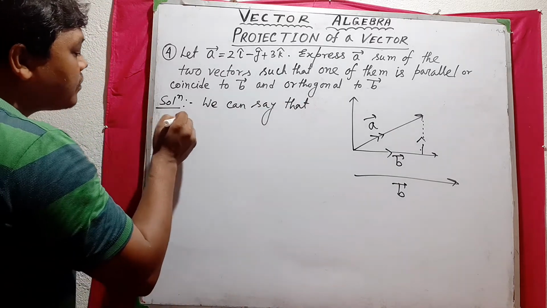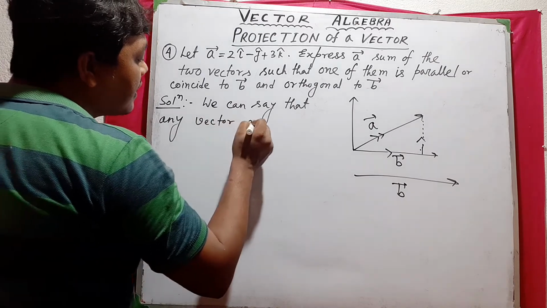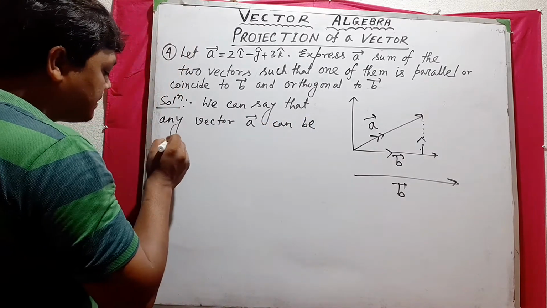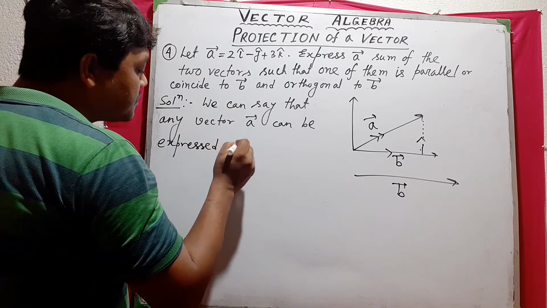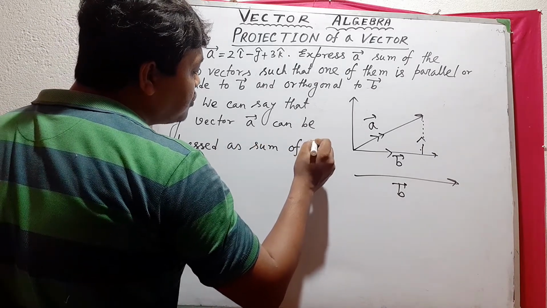So we can say that any vector A can be expressed as sum of two vectors.